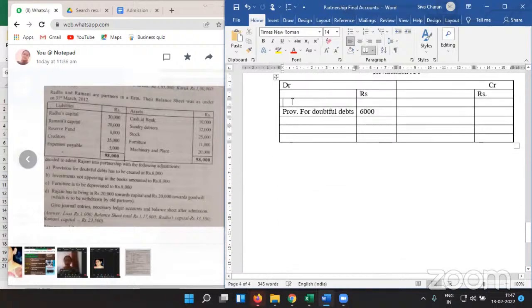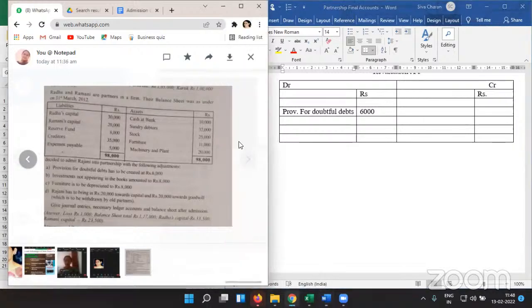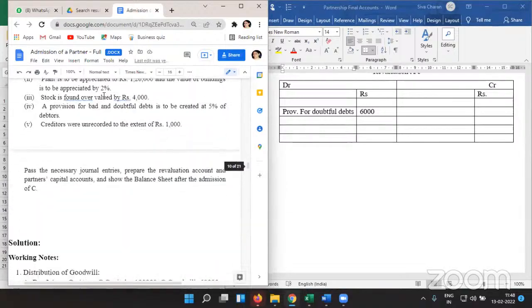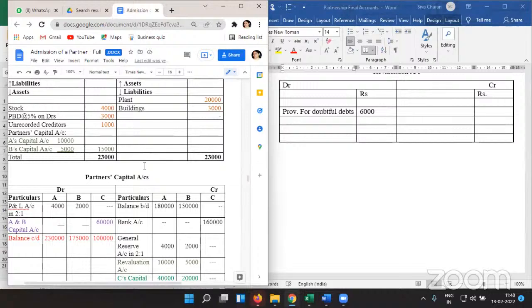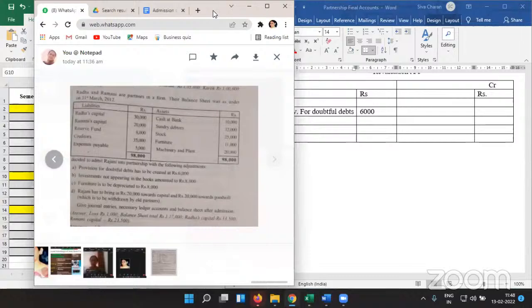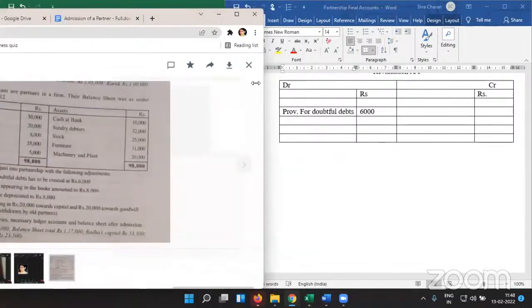I'll show you. Increase of liabilities. You're supposed to take it here. In the previous class, I already showed you that. I'll copy paste from there.